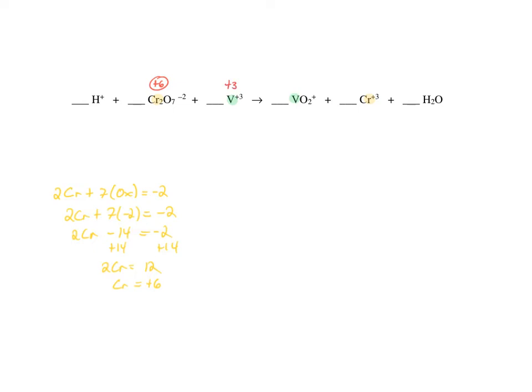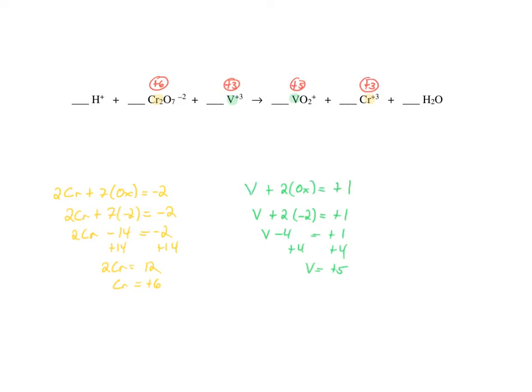This vanadium ion has an oxidation number of +3, and let's work out vanadium in this ion. All right, we're going to find the oxidation number of vanadium. There's 1 vanadium atom. We add 2 times the oxidation number of oxygen, which is going to be -2.